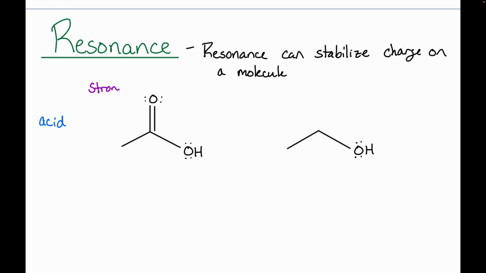We know that this one's the stronger acid, and that ethanol here is the weaker acid. But again, what we should be doing is looking at their conjugate bases and comparing the stability of those conjugate bases.